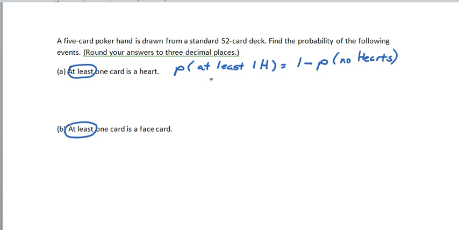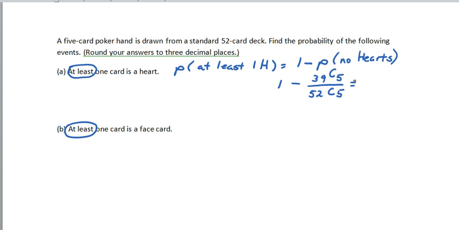So how many ways can we choose a hand with no hearts, a 5-card hand? Well, 39 of the cards are not hearts. So 39C5 divided by 52C5. That would be the probability of no hearts.